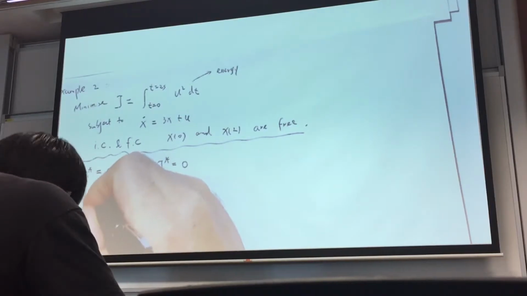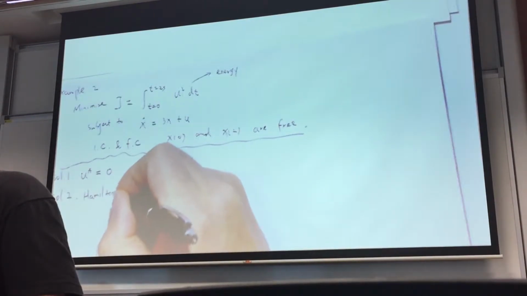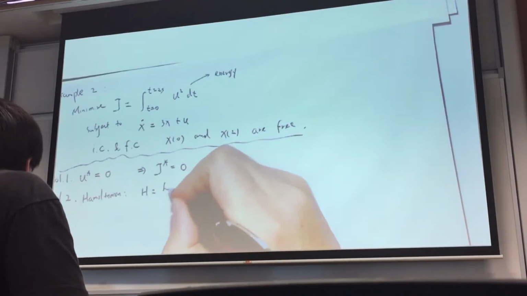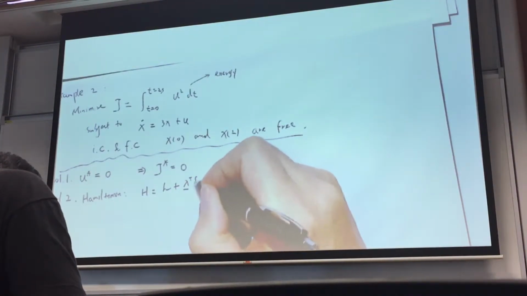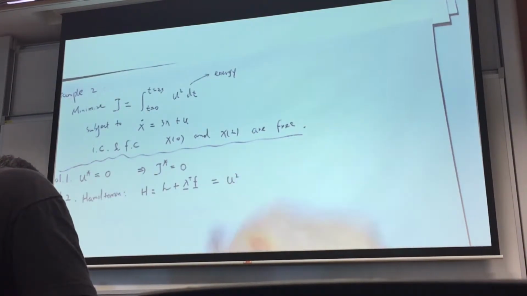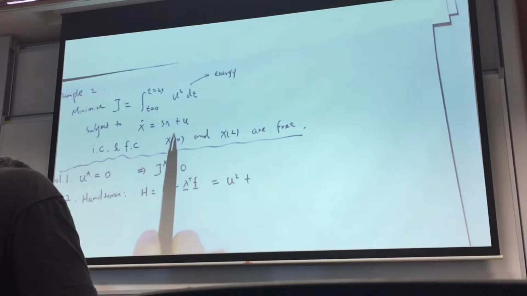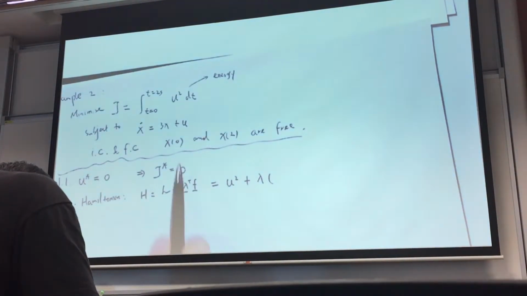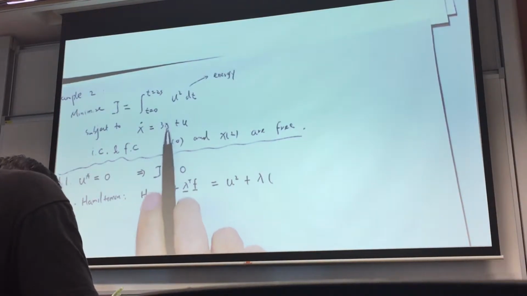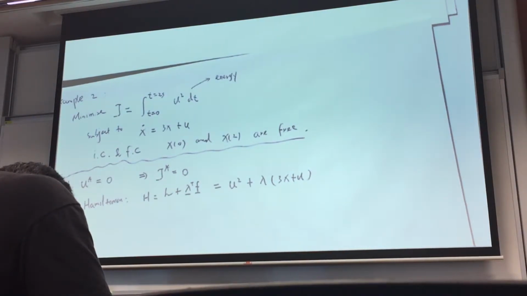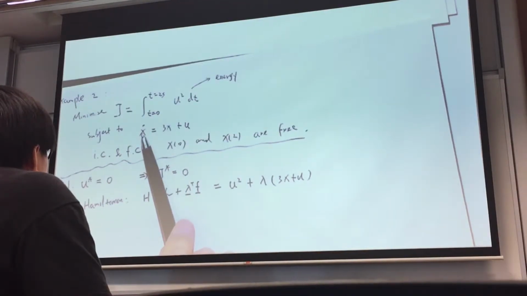Remember our Hamiltonian can be constructed by H equal to L plus lambda F. This L equal to U squared, plus we only got one differential equation, so we only require one lambda multiplied by F. This F is 3x plus U. You should fully understand the reasons why we only have the F here, but not the x dot.